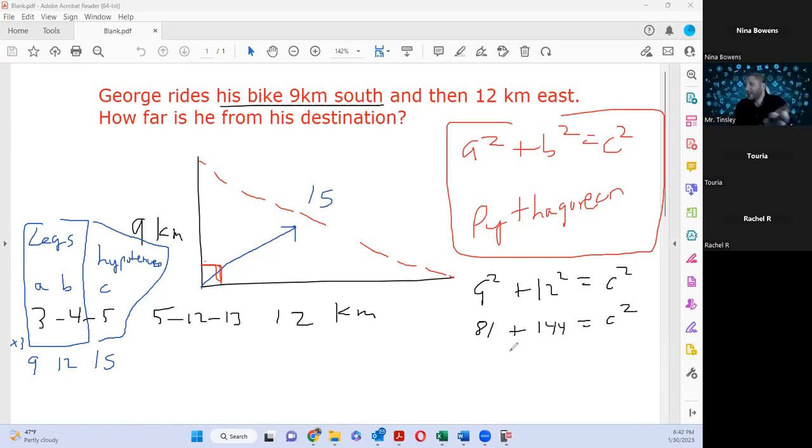What is 144 plus 81? 225. 225 equals c squared. What's the inverse operation of squaring something? Square root. Take the square root of both sides. We get c is equal to the square root of 225. What is that? 15.